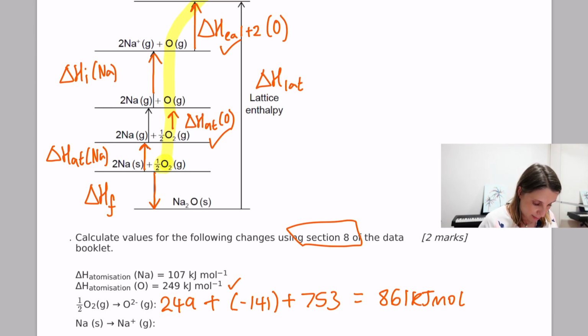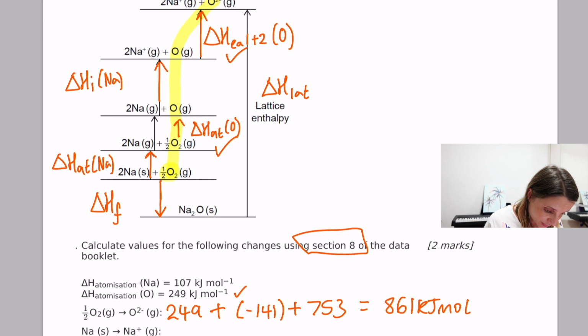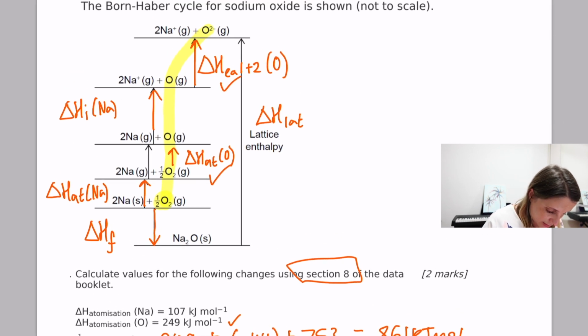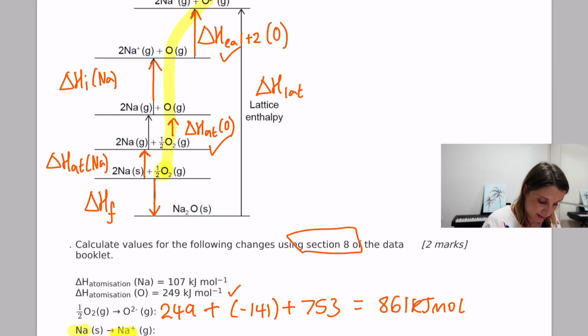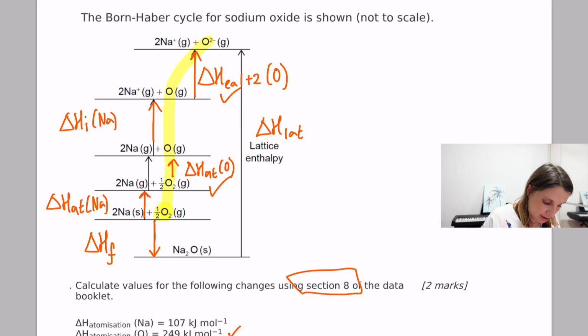And then we're going to do the same thing for the sodium. So here, the sodium is going from Na solid to Na plus. So it's making the same journey, Na solid going all the way to Na plus. But you can see this time I've only got these two. I've got the atomization plus the ionization.